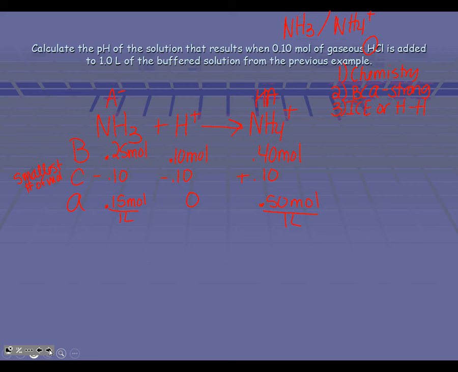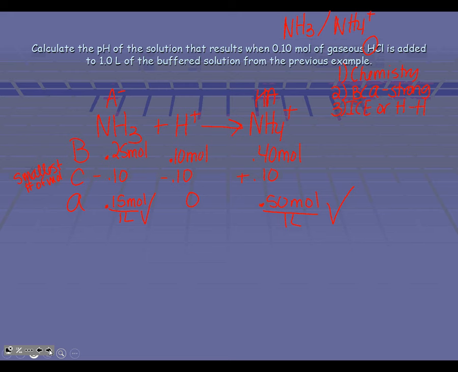And the next thing that I look at when I see this, I go, oh, I'm here, after the reaction is complete, and I have A minus and HA. So that means I can go straight to my Henderson-Hasselbalch equation. I don't have to do my ICE chart or the small k problem.